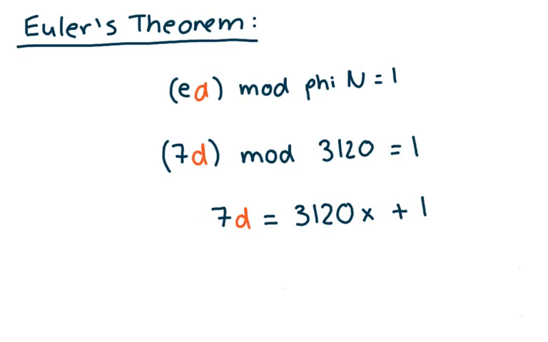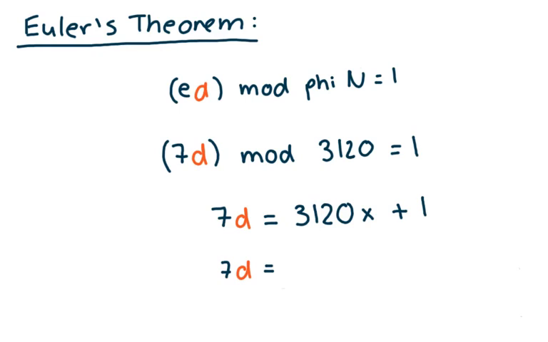But the important thing to take away here is that when x is 1, D is a decimal. So what we can do here is keep on changing this value of x and setting it equal to increasing integers until D is not equal to a decimal, that is, until D is equal to an integer. And it turns out that this happens when x is 4 in this specific instance.